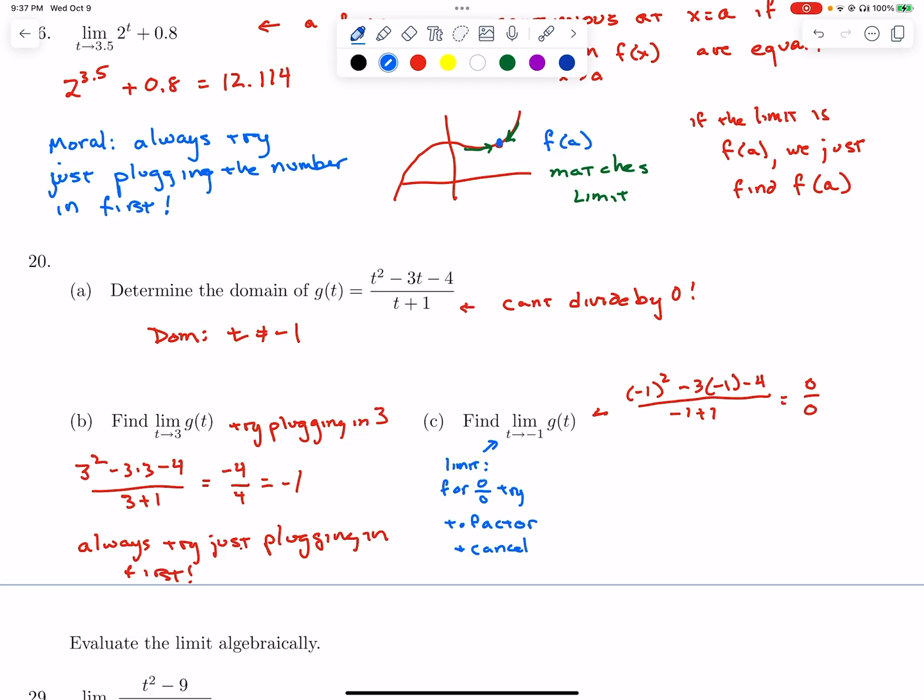So we try and factor or cancel. If we're going to do it algebraically, or trace nearby, which is what we've been doing, that was what 2.2a was.